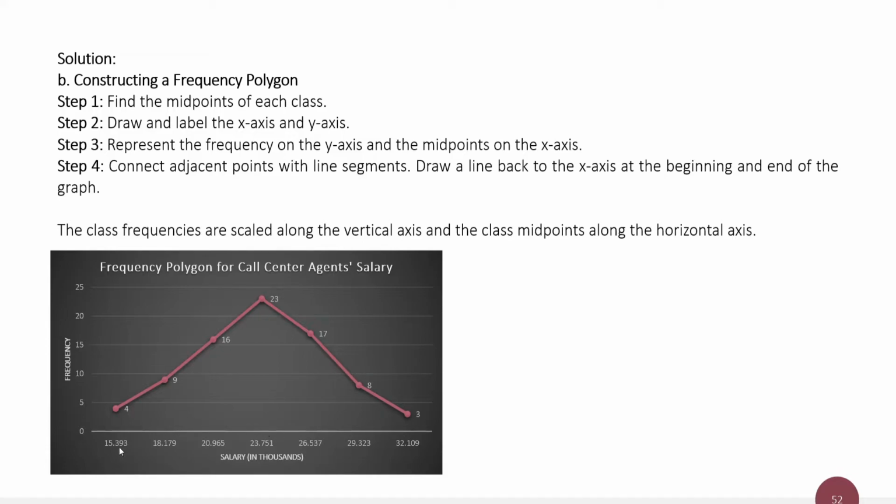And then, para sa ating y-axis, so, frequency yung nakabase diyan. Okay? Then, pagka-plot natin ng kung gaano kataas yung ating midpoint o yung ating number of employees, kasi number of employees is nakabase sa frequency. So, after natin malagay yung point, so saka natin sila pagko-connect-connectahin.